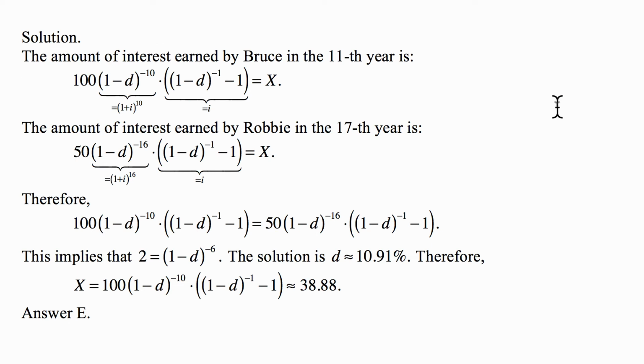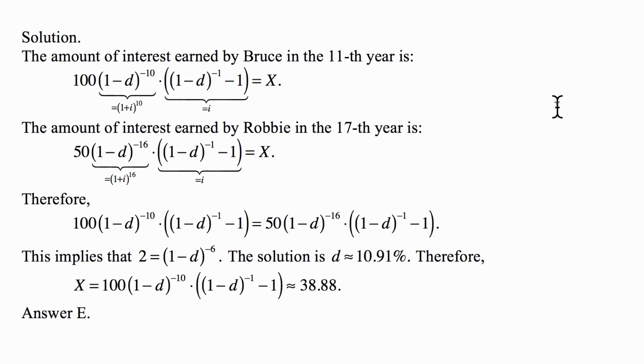Let's look at the amount of interest earned by Bruce in the 11th year. It will be equal to the interest on the balance of the account after 10 years.